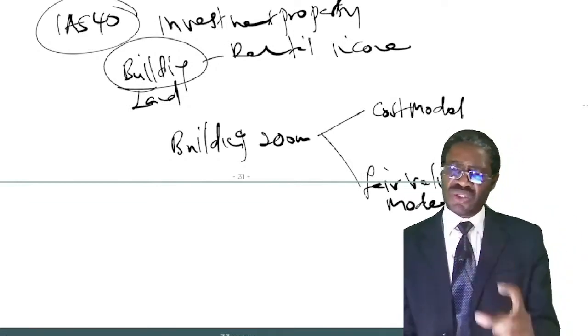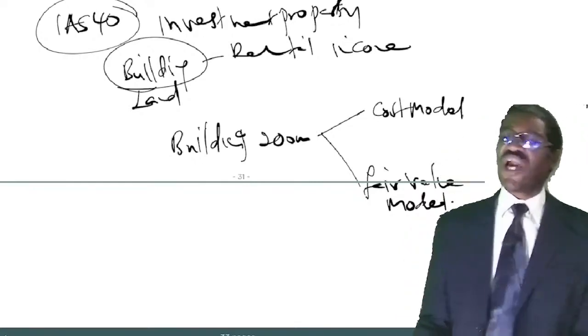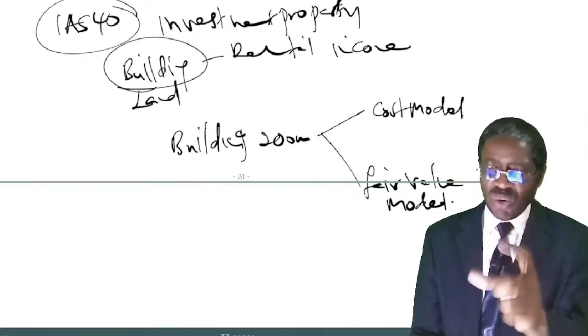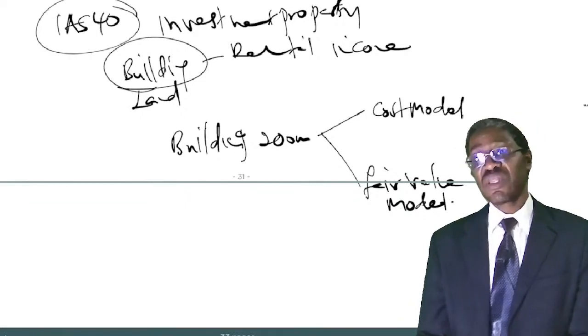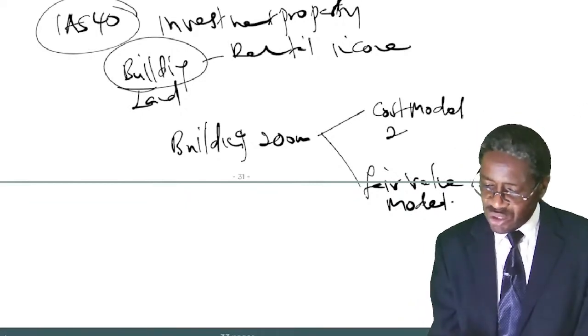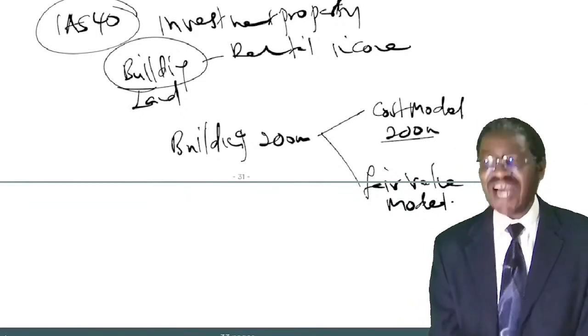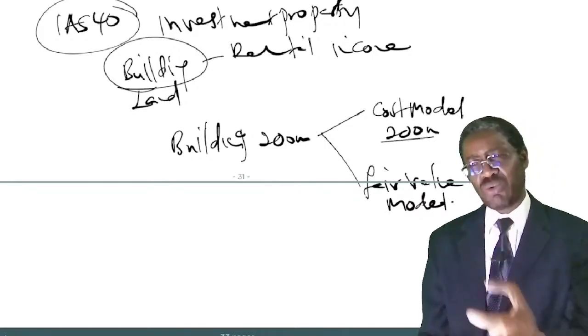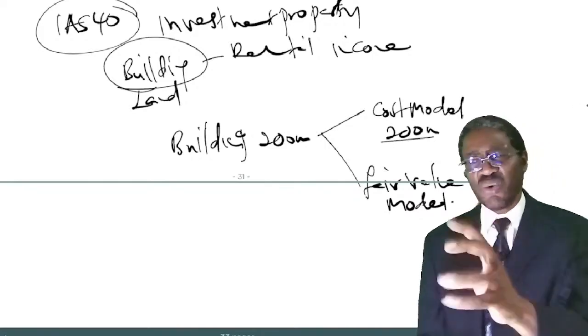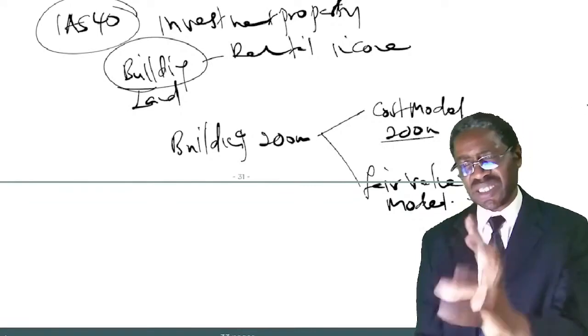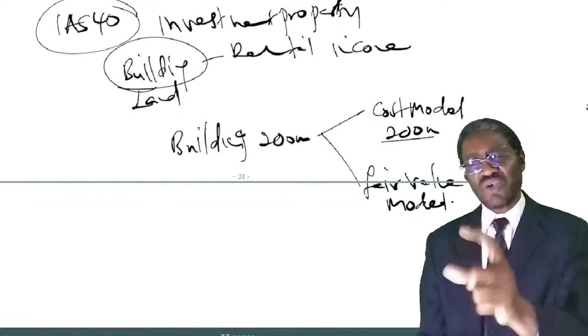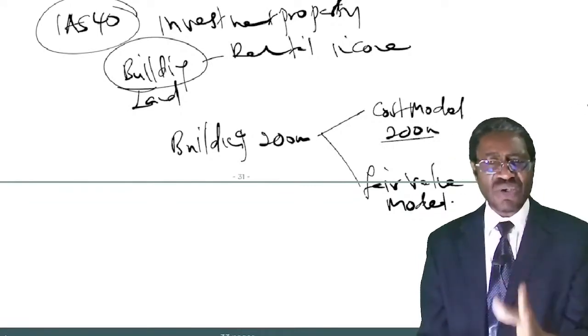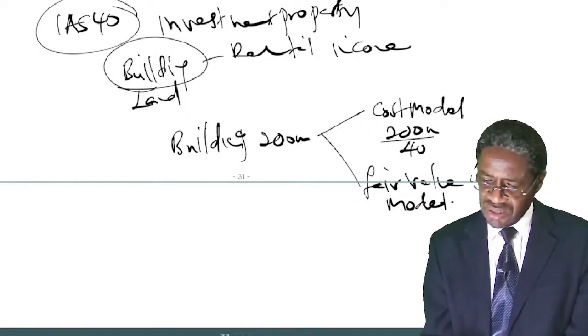If you choose the cost model, then you will take that cost of the building and depreciate it as normal. That means deal with it as a normal fixed asset. It cost you 200 million. Maybe it has a useful life of 40 years.